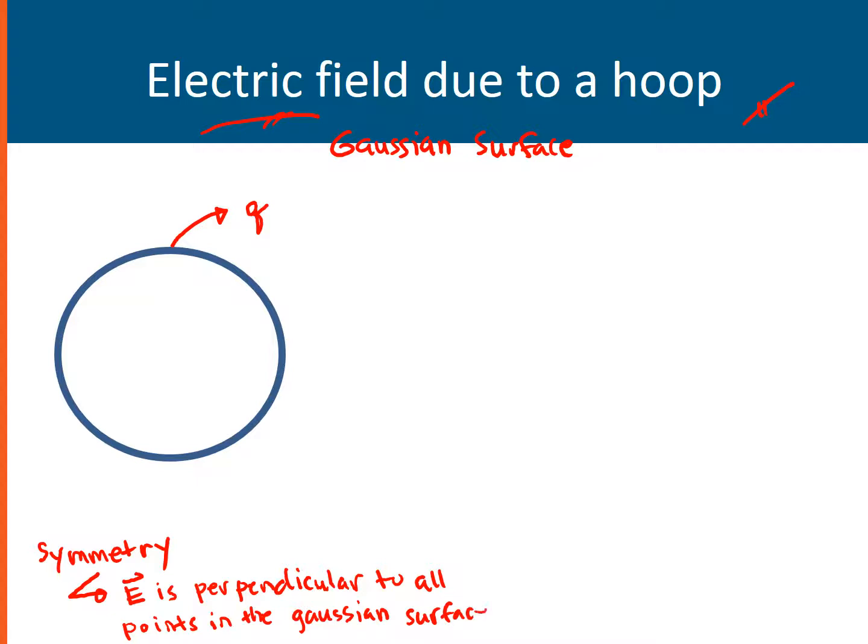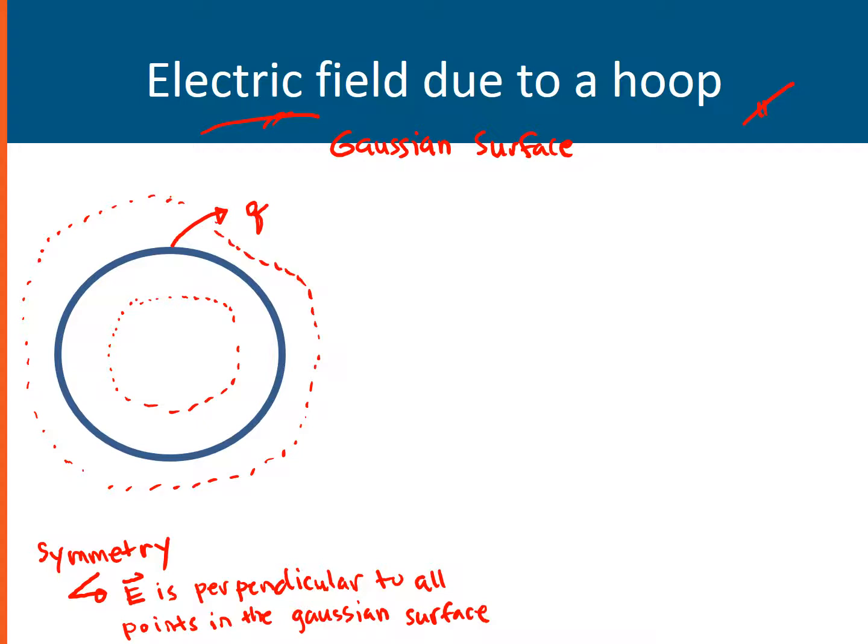Okay, so here, if we have a hoop, then we could actually draw a Gaussian surface that would look like a sphere inside. Just imagine this to be a perfect sphere inside the hoop, and also another Gaussian surface outside the hoop. Just pardon me for this very imperfect sphere, but use your imagination.